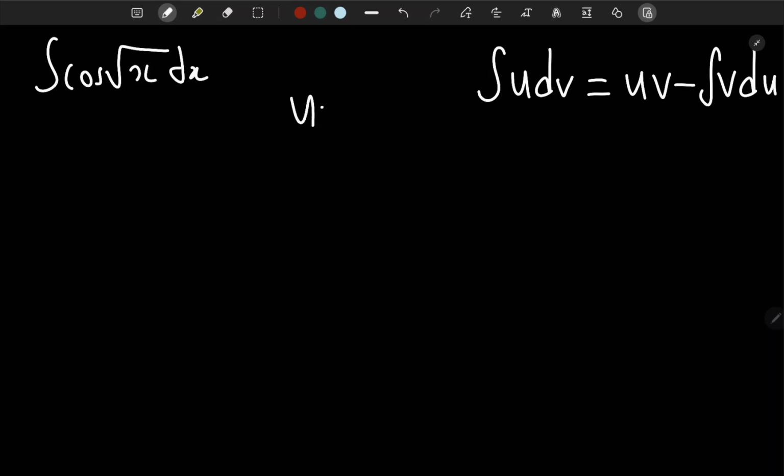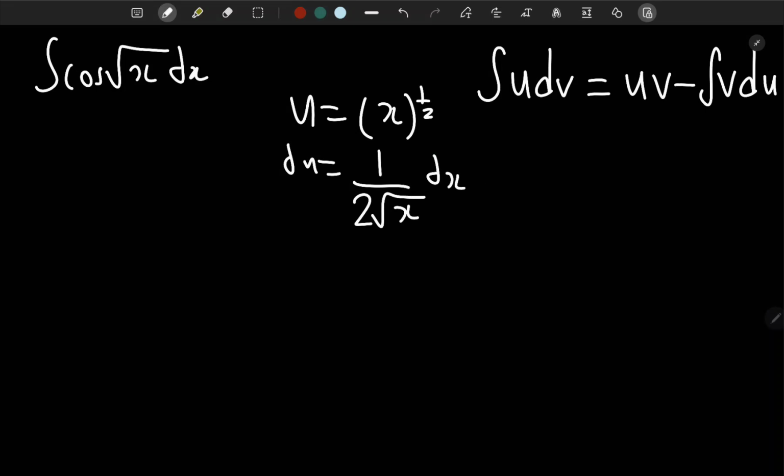So let's take u as radical x. du here is going to be, actually let me write this as a half since it's easier. du is going to be half x to the negative half, and we can bring this down, so it's going to become radical x down. Let me write it again, dx.